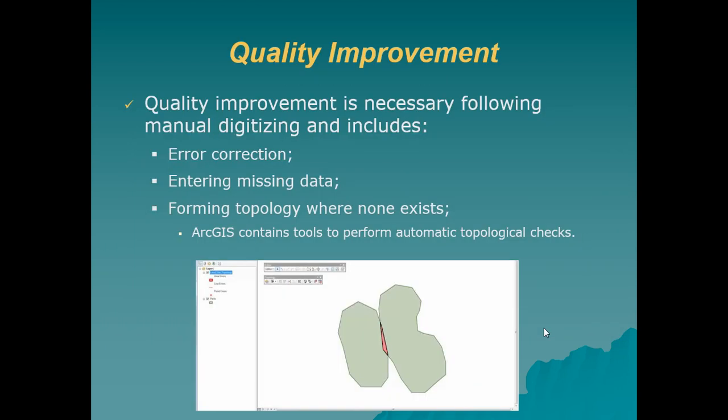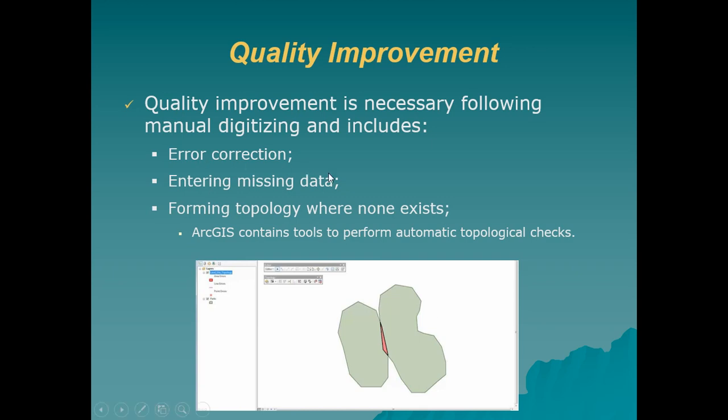So when we encounter these errors, how can we fix them? What can we do? Quality improvement is a necessary stage of the entire digitizing process. Remember I said that before. Once you've acquired your data, before you begin analysis, you must conduct error correction.